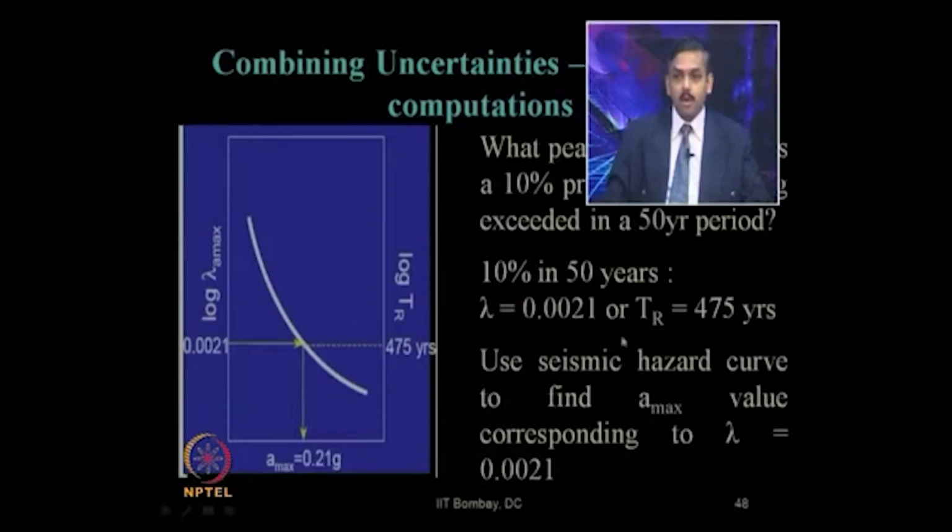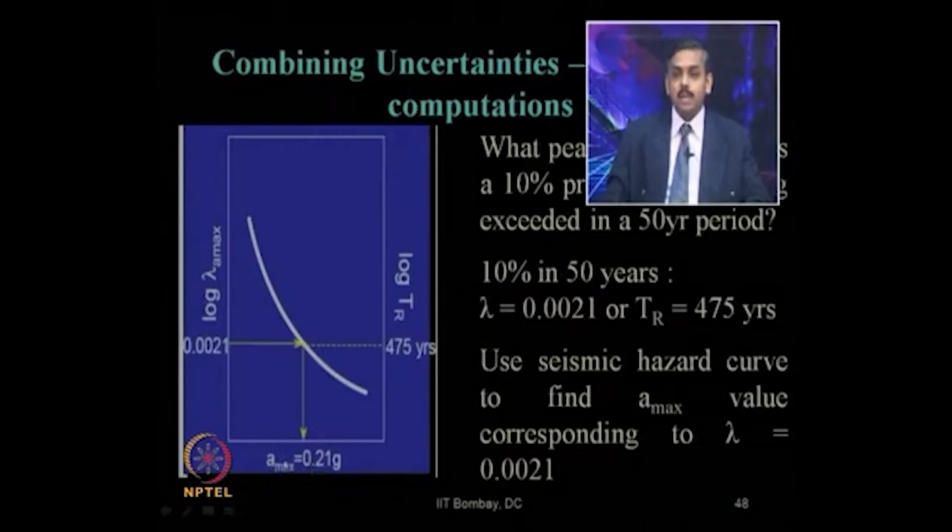So, in that curve, look for a lambda value of 0.0021 or a TR value of 475 years. Draw that line where it intersects the curve, and drop it from there. Whatever value of A max you get, that is your design value.